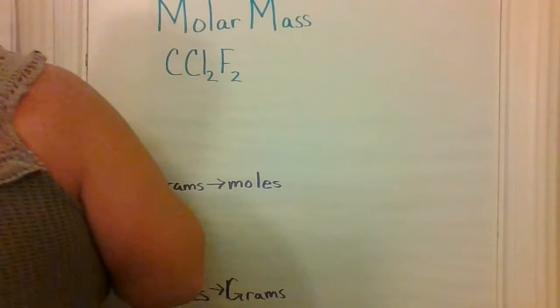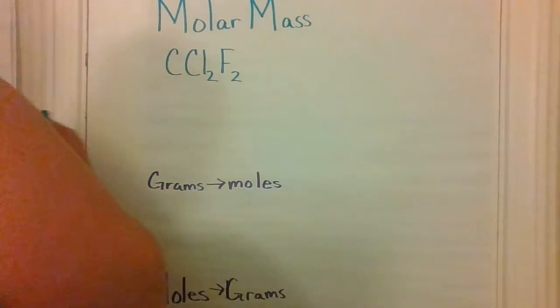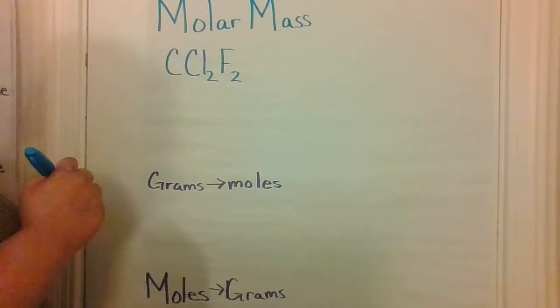Take a moment and reference your periodic table and find those particular elements and note their atomic mass according to your periodic table. Here we're going to do what I call make a shopping list.